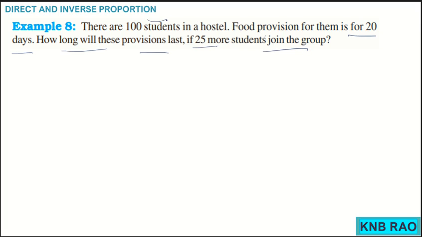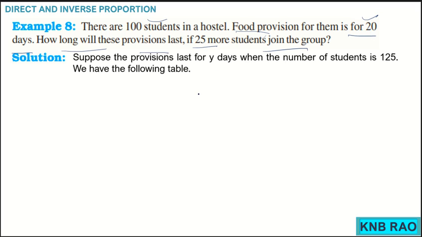So 100 students with the same quantity of food provisions will last for 20 days, whereas 25 more students means 125 students, and definitely it will last less than 20 days. Now let's go for the solution.